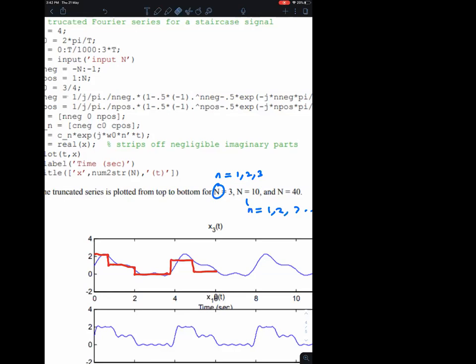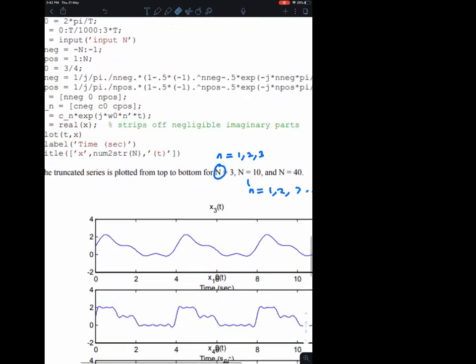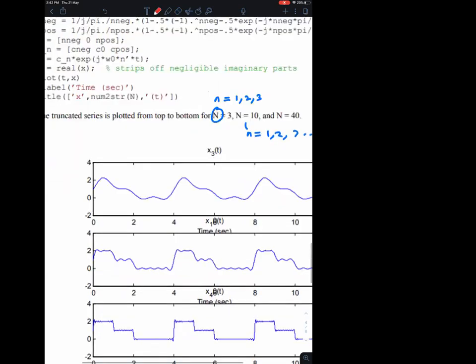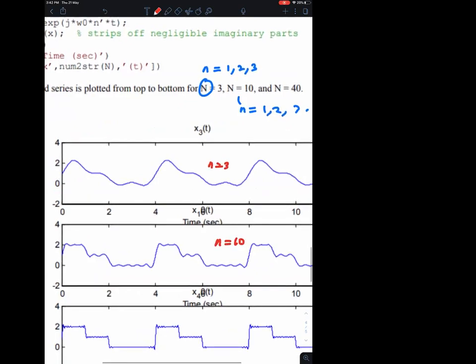But because the number of n that you are using is only 3, you are not able to completely reproduce the waveform. In this case, n is 3. In this case, n equals 10. As n increases, you'll be able to reproduce the waveform more accurately.